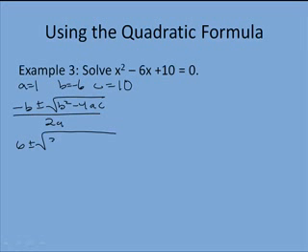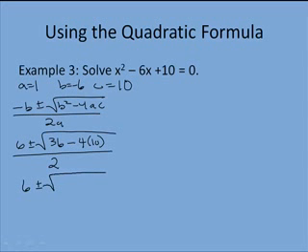Negative 6 squared is 36, minus 4 times a, so I'm just going to leave the 4, times c, which is that there, over 2a, but since a is 1, all we put is the 2. And now we have 6 plus or minus the square root of 36 minus 40, which is negative 4, over 2.